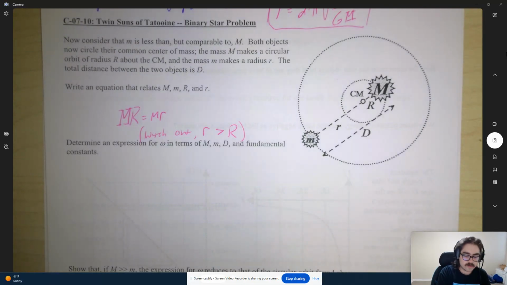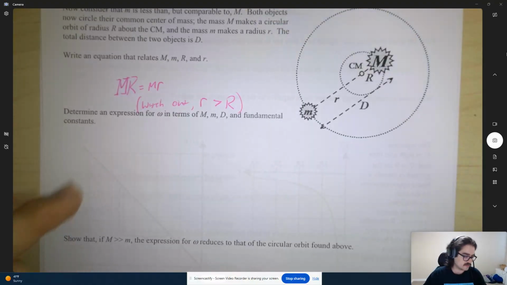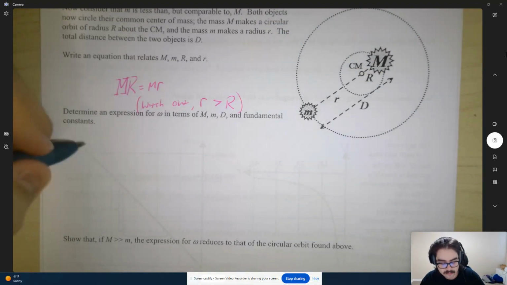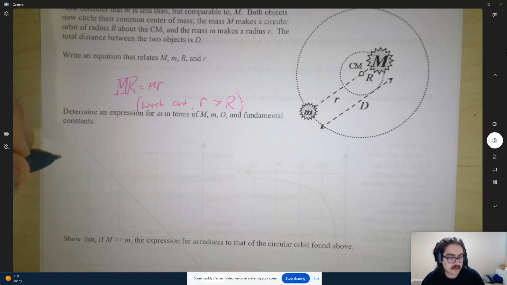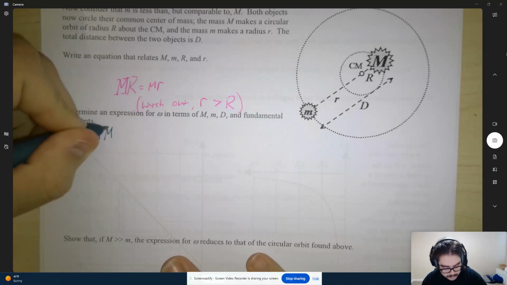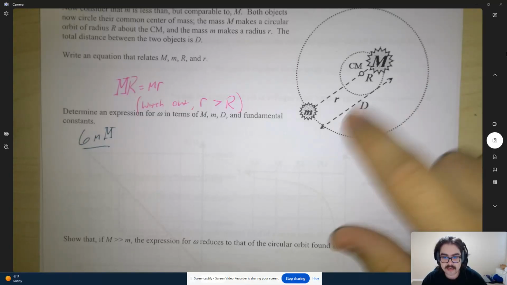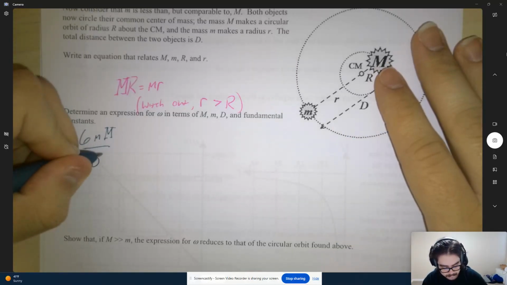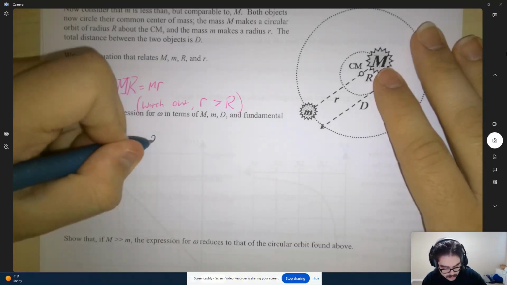Now, it wants me to get an expression for omega in terms of big M, little m, d, and fundamental constants. What I'm going to use is Newton's law of universal gravitation and centripetal force. So I'm going to do G little m big M over r squared, where the distance is actually going to be d, equals little m omega squared times r.